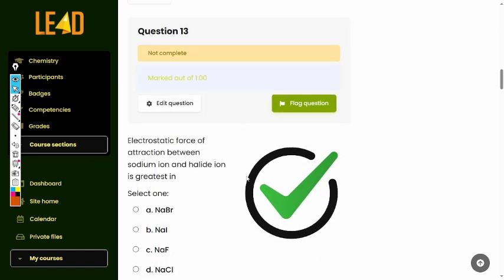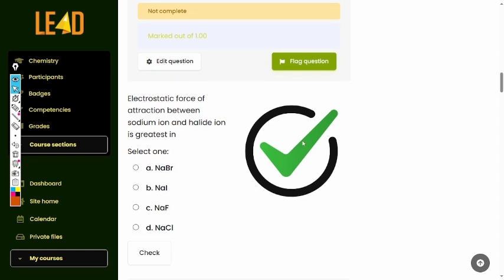Question 13. Electrostatic force of attraction between sodium ion and halide ion is greatest in... Okay, so halide ion is from halogens, group 7 elements. So here we see that sodium combines with different halogens, and the strength of the force of attraction between them depends on how large the electronegative value is.